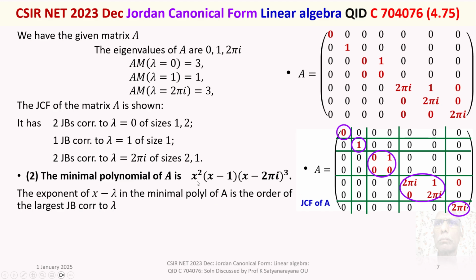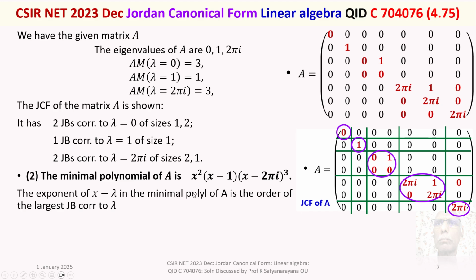So corresponding to lambda is equal to 0, it is x minus 0 that will be present in the minimal polynomial. And what is the exponent of that? It is the largest Jordan block corresponding to lambda. There are 2 Jordan blocks corresponding to lambda, and the largest Jordan block corresponding to lambda is equal to 0 is 2.